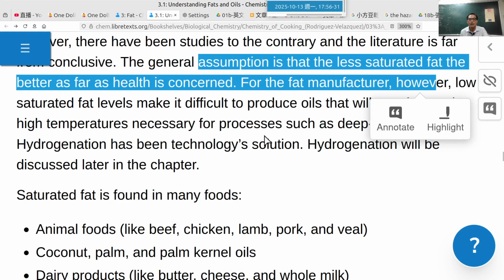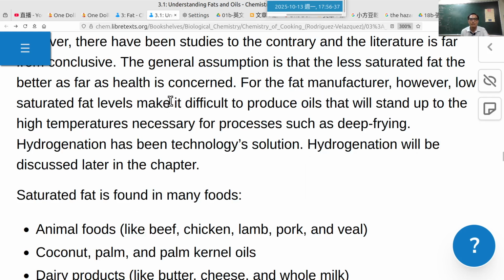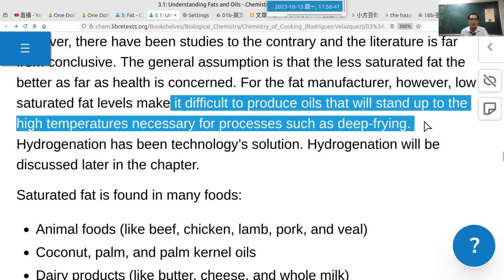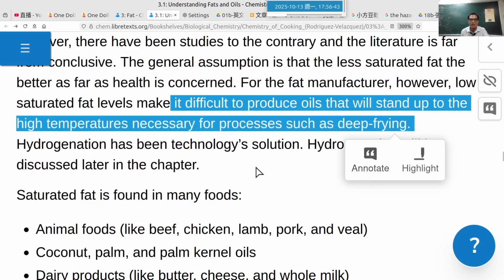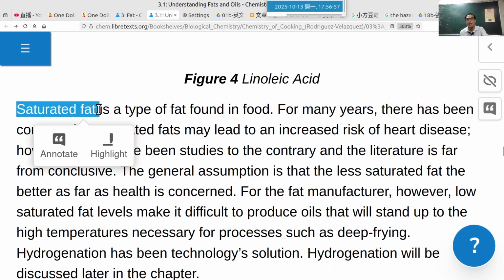For the fat manufacturer, however, low saturated fat makes it difficult to process oil, which is sent up to high temperature. Generally, if you plan to produce fried foods, for example donuts, the more saturated fat the oil has, the more stable it will be.